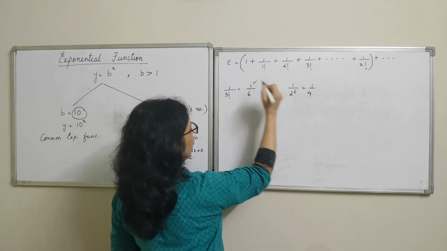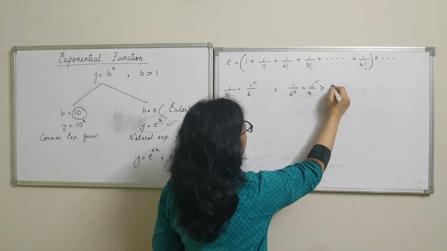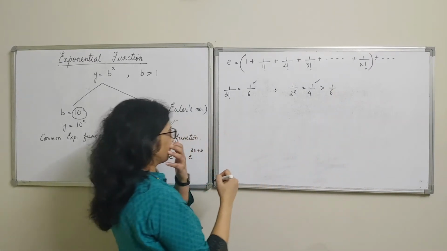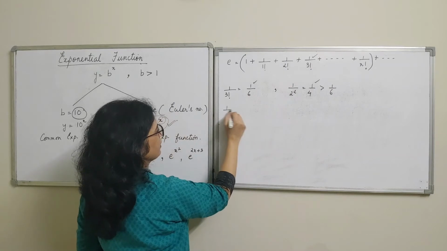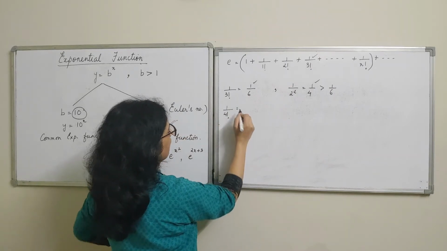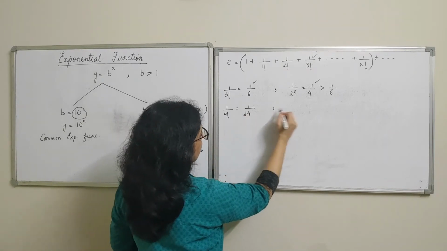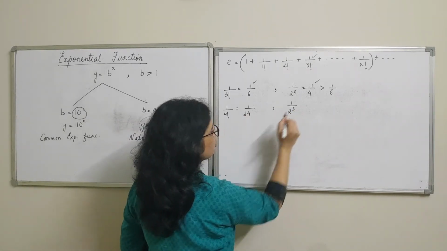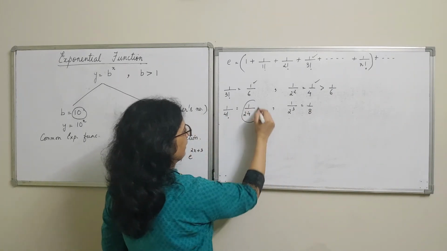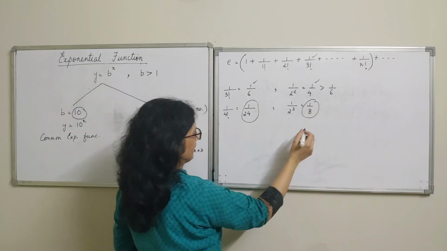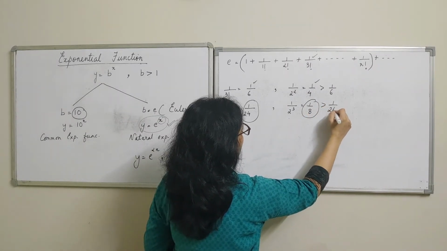So when you compare 1 by 6 and 1 by 4, you get to know that 1 by 4 is greater than 1 by 6. The next term after this is 1 upon 4 factorial, and 1 upon 4 factorial is 1 by 24. We have a number like 1 by 2 cube, and this is equal to 1 by 8. And when we compare 1 by 24 and 1 by 8, we get to know that 1 by 8 is larger than 1 by 24.